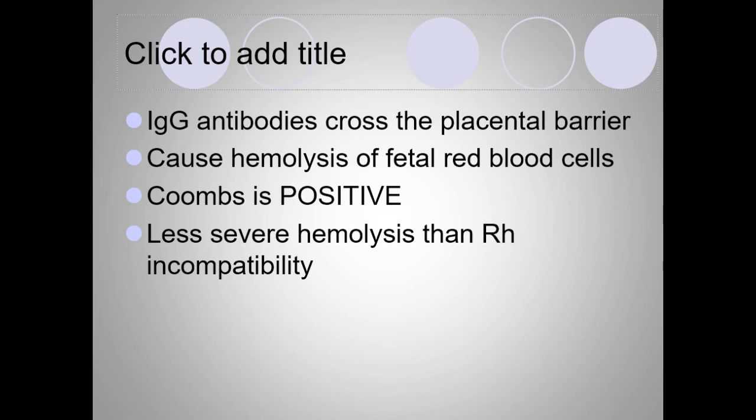So the higher the Coombs test is in a quantitative scale, the more we worry about the hemolytic activity in the baby. ABO incompatibility is much less severe than RH incompatibility.